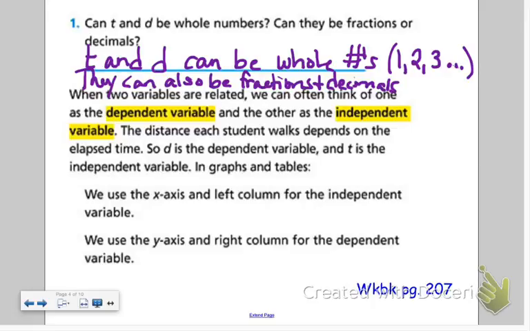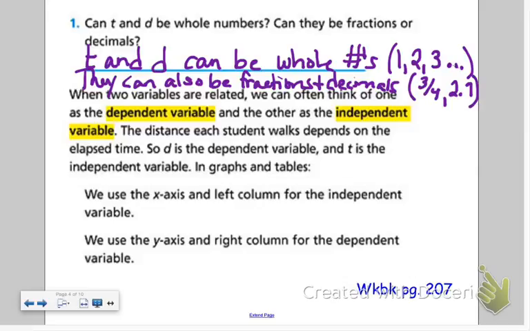Yes, you could have fractions, you could have decimals in there. Could distance be fractions and decimals? Sure. Maybe the distance isn't just 3 feet, maybe it's 3.5 feet or 3.8, 3 8/10. So yes, you can definitely have fractions and decimals. So I'll just throw a couple in, maybe 3/4 seconds, maybe 2.7 feet, that kind of thing.